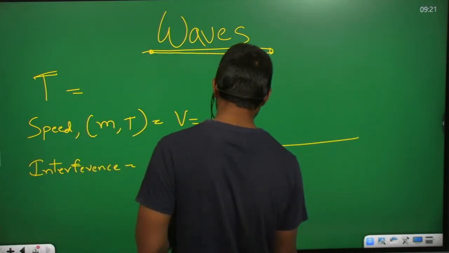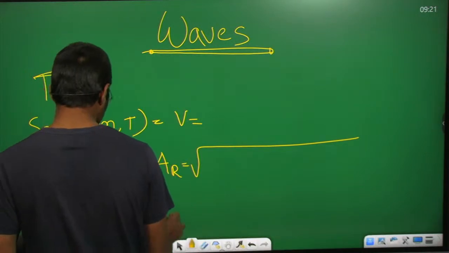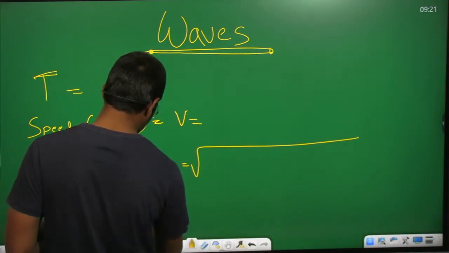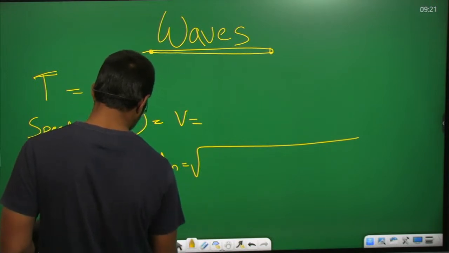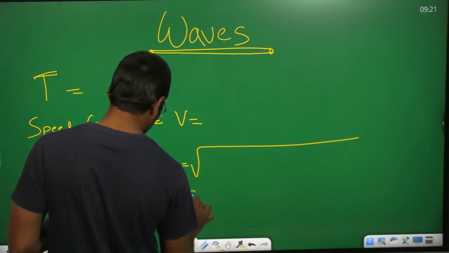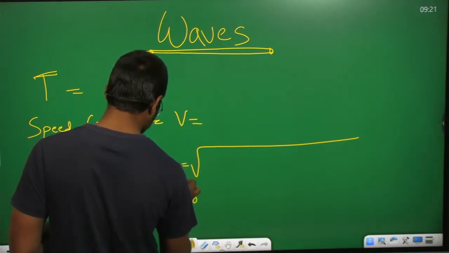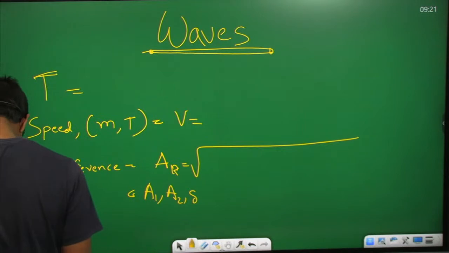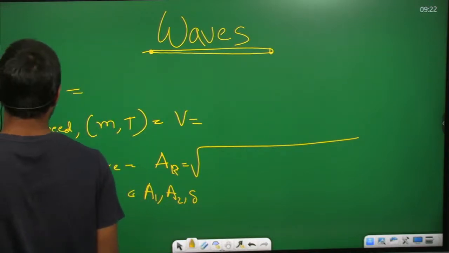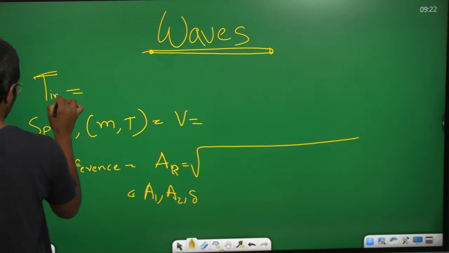Considering A1 and A2 are the amplitudes of the waves and with a phase difference of delta. So come on, try to, what is time period? Fill these three blanks.